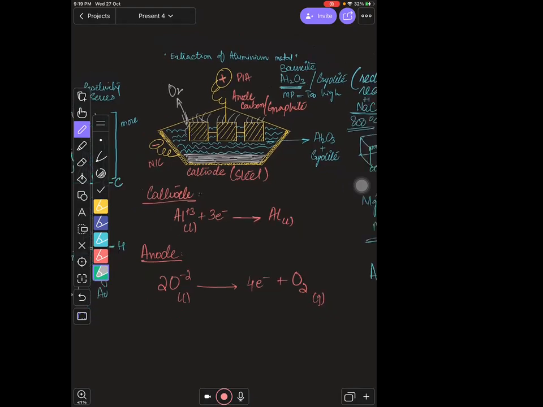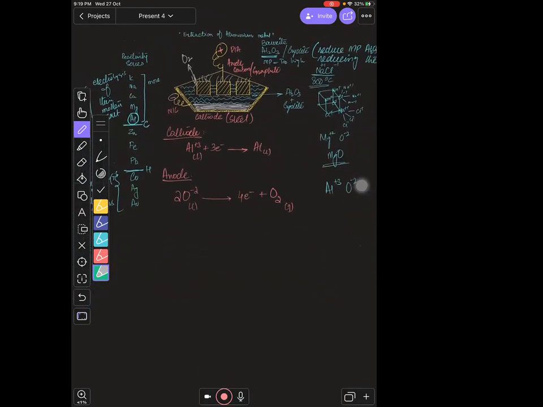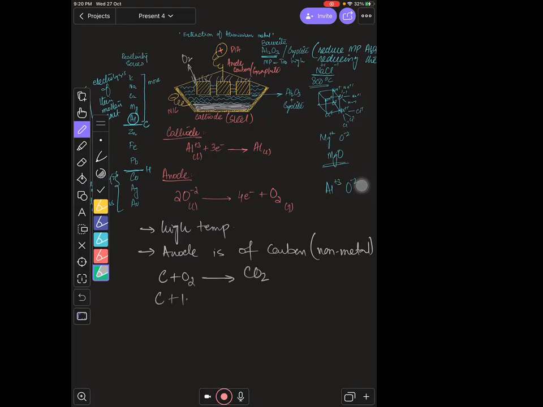Now, one more thing. We have a high temperature over here, and the anodes are carbon. Carbon is actually a non-metal, so it can react with oxygen. There may be a reaction between carbon and oxygen, so it can form carbon dioxide and carbon monoxide as well.